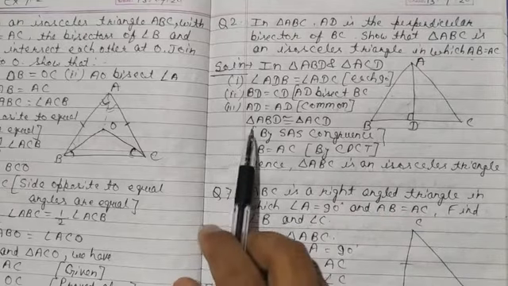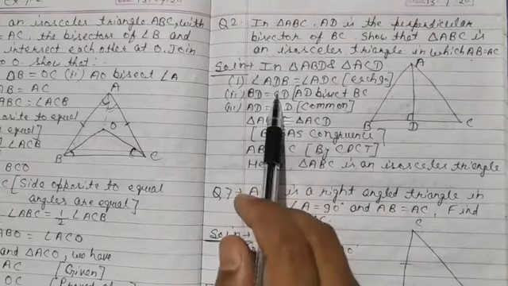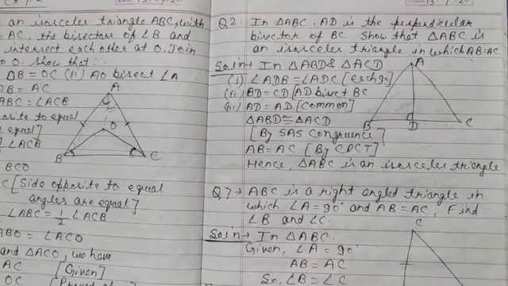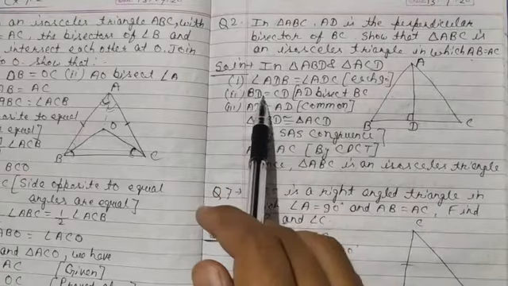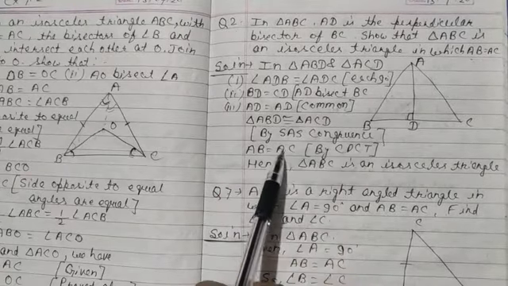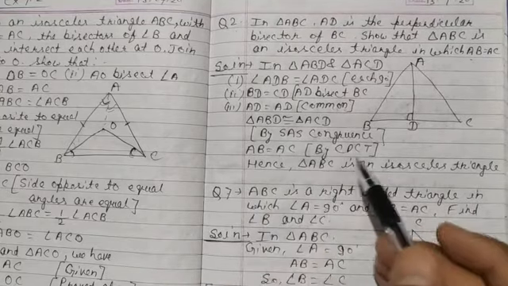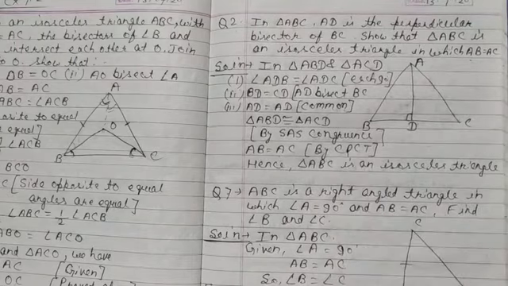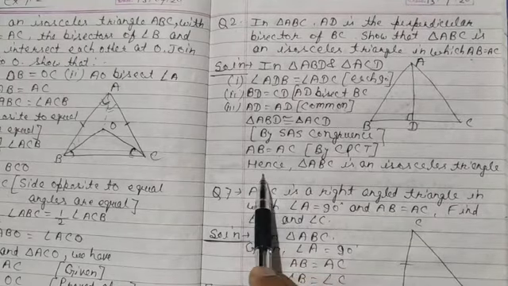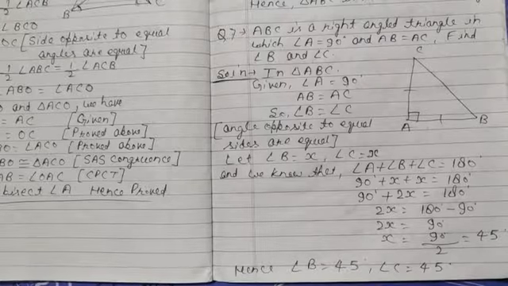So triangle ABD is congruent to triangle ACD by the SAS congruence rule. Then AB is equal to AC by CPCT, corresponding parts of congruent triangles. Hence, if two sides of a triangle are equal, triangle ABC is an isosceles triangle.